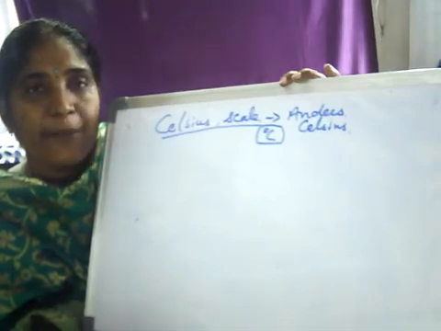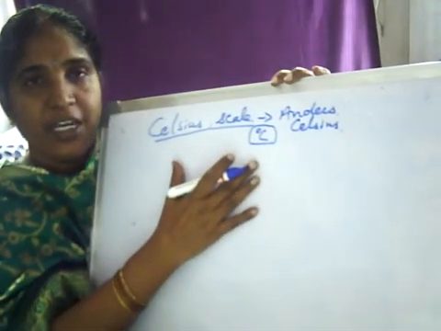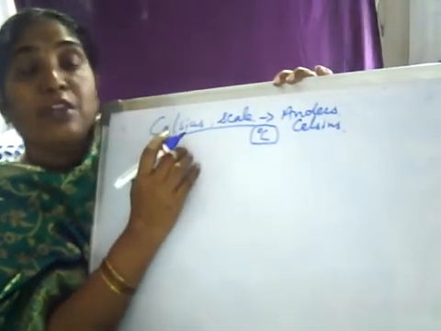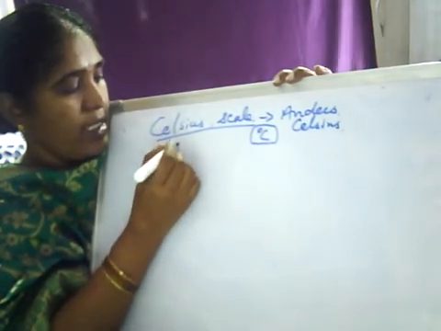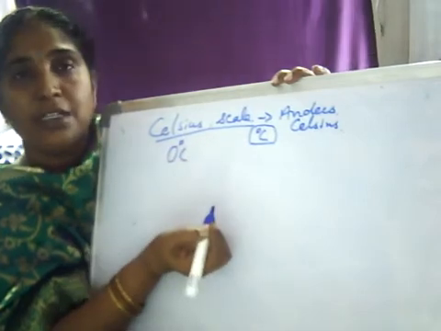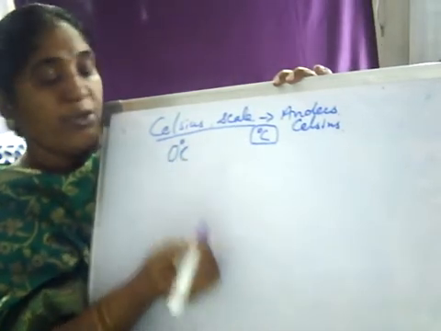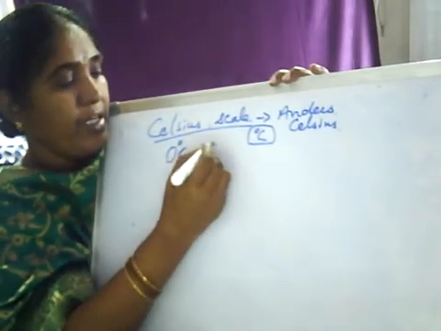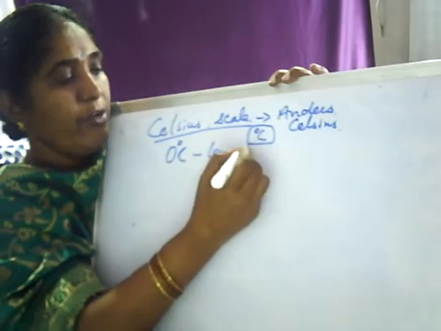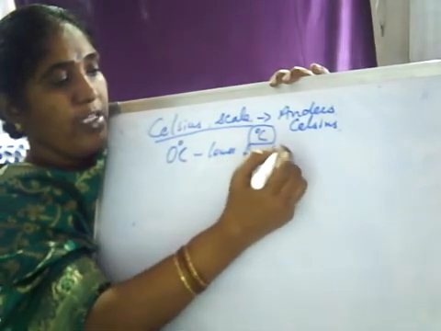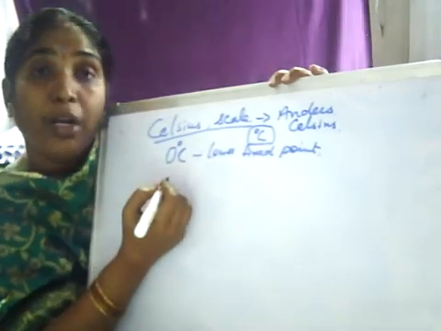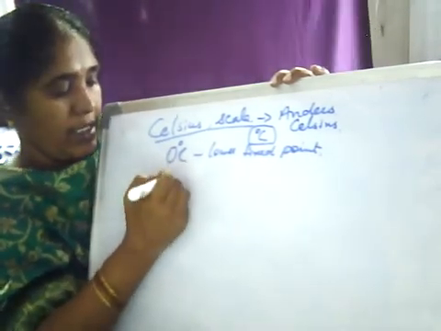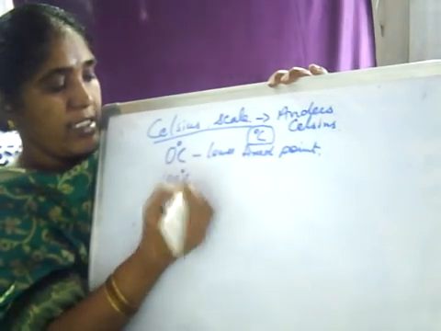Now, the units on the scale. Here the freezing point of water is taken as 0 degrees Celsius. That becomes the lower fixed point, and the boiling point of water is 100 degrees Celsius.